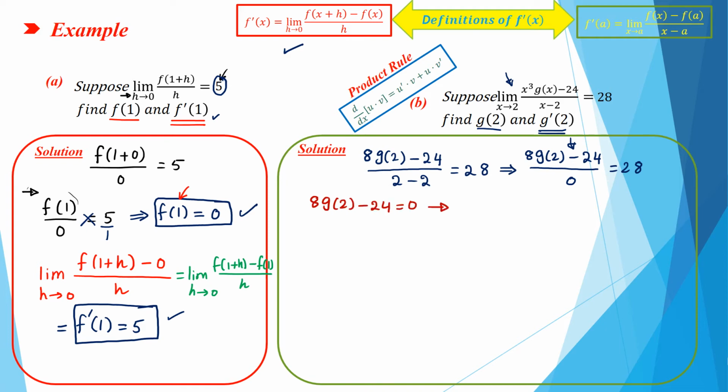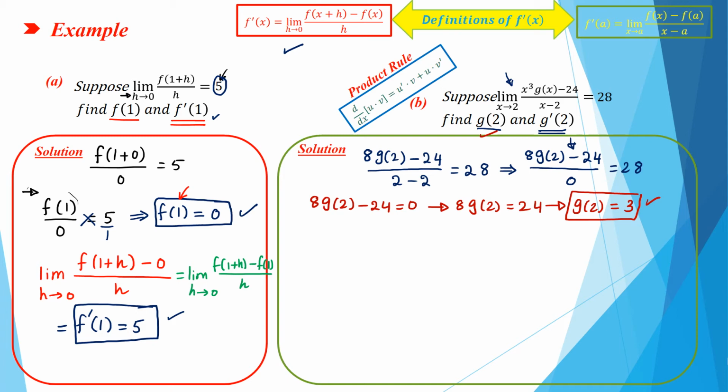Add 24 to both sides, and divide by 8 on both sides. It will be g of 2 equals 3. So this is the first part of our question, we found the value of g of 2. Now we will go to find g prime of 2.